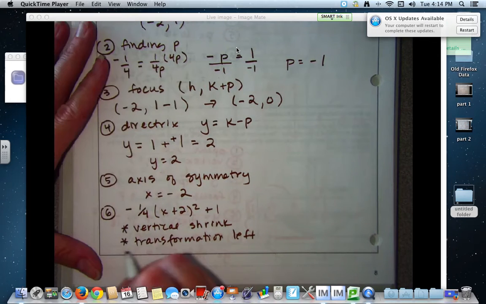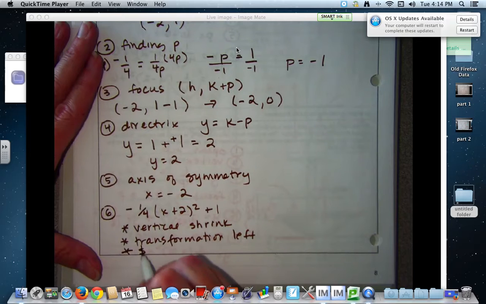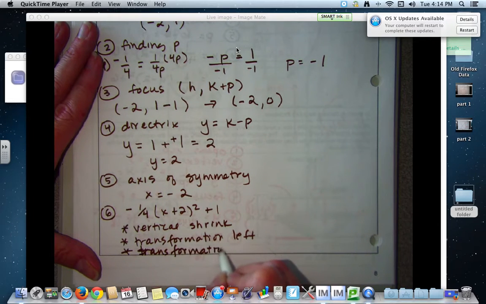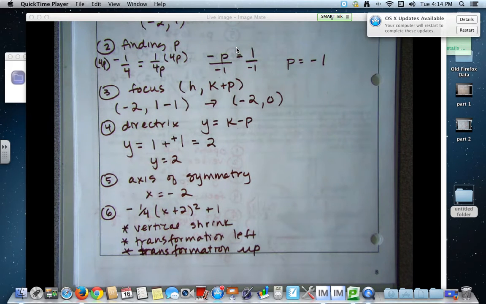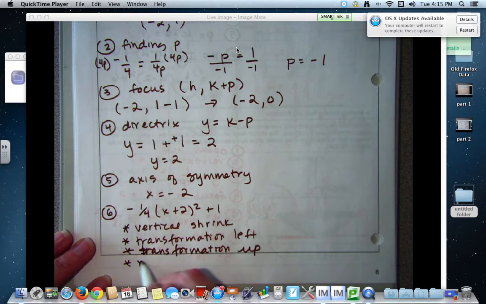And we have a transformation up. We also have a reflection because of the negative.